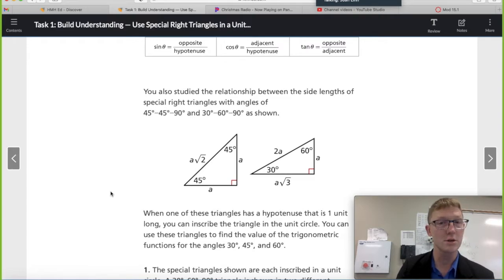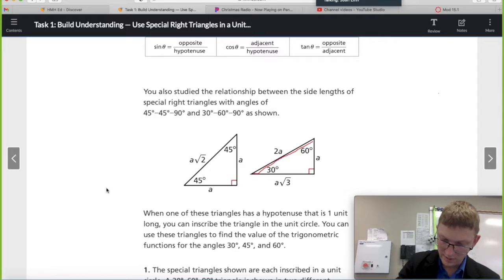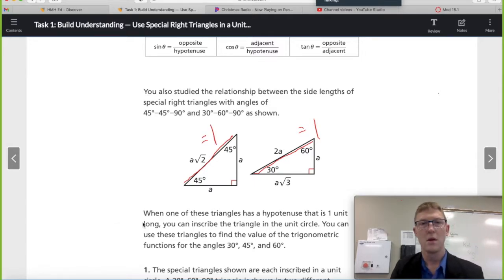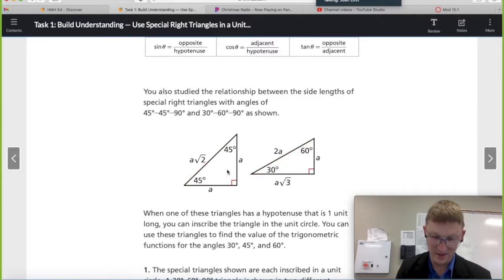So you can start to imagine that when we're in our unit circle, this hypotenuse right here is going to equal 1, right? Same thing here. This hypotenuse is going to have a length of 1. And so now things get to be a lot easier to figure out.